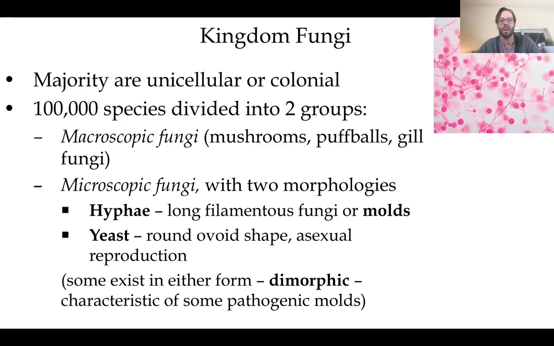And the microscopic fungi are going to have two morphologies: hyphae, which we talked about when we did the fungus lab, so long filaments, long finger-like projections that we see with mold. And then yeast. The yeast is going to be circular or oval shaped. And most yeast is going to reproduce asexually. It's just going to bud off from itself.